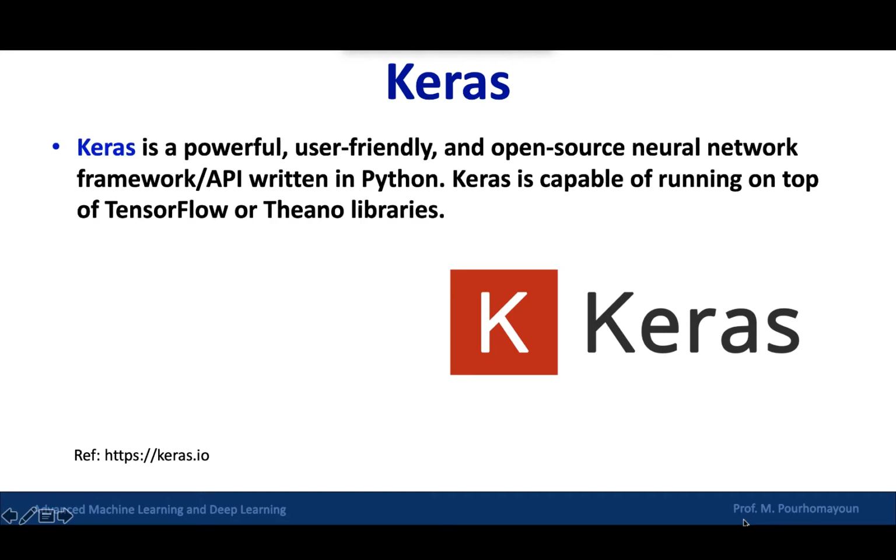Keras is a powerful, user-friendly, open source neural network framework that is capable of running on top of TensorFlow or Theano. Theano is another library for neural networks, but Keras is very powerful and very user-friendly.